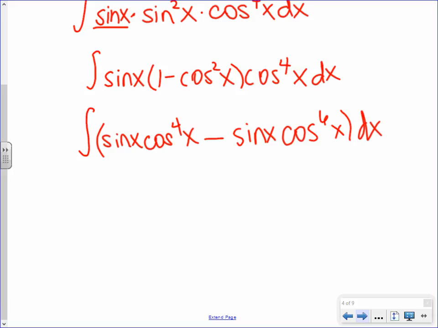Are you saying what? You don't know how I got that? Yeah. Okay. We can distribute the sine through, and we can distribute the cosine to the 4th through. You with me now? Bailey?